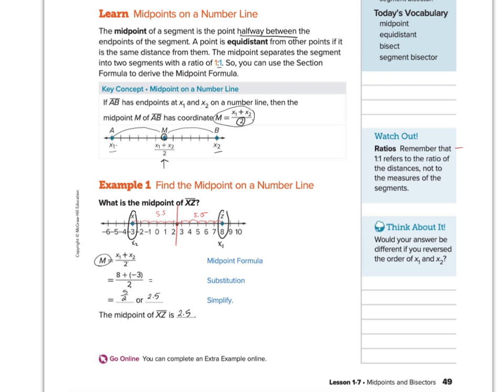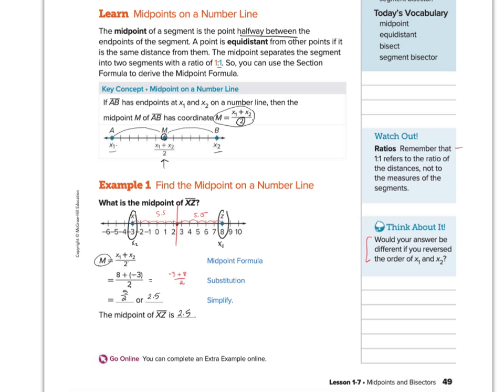And then here, would our answer have been different had we reversed our x1 and x2? We would have come up with -3 plus 8 divided by 2.